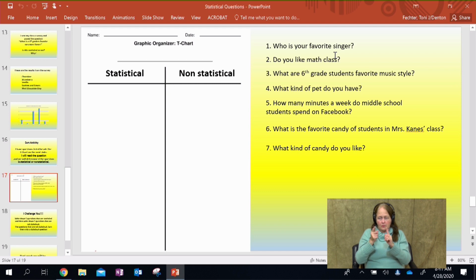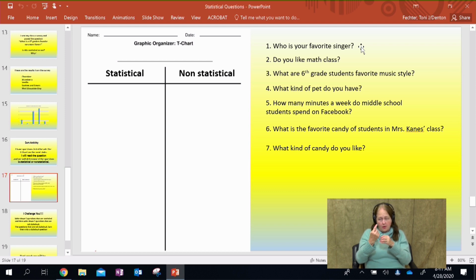The first question says, who is your favorite singer? Let's think about the two questions. Is there a population that we're asking? Is there more than one answer? If I'm just asking you, there's not going to be more than one answer.